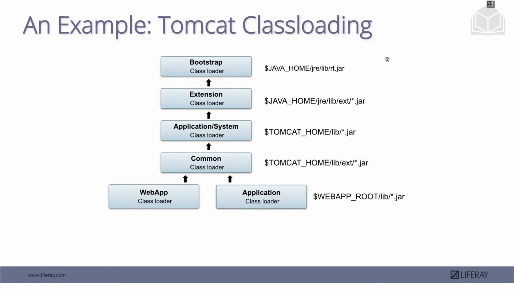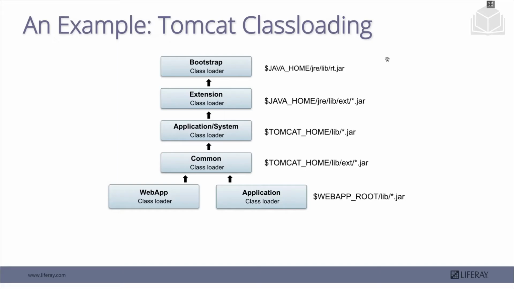So this is Tomcat lib ext, looking within a specific jar file there. If we can't find it there, up one level, Tomcat lib, and then so on and so on. If we can't find it in Tomcat, maybe it's over in the Java world, and so we go up the chain. So this is how class loading is classically done over in Tomcat.